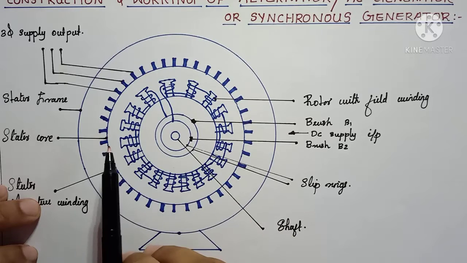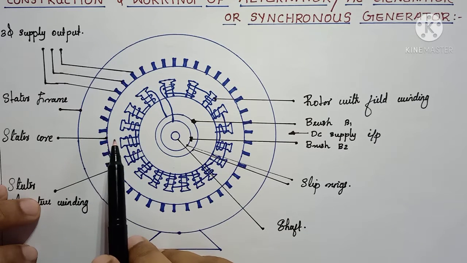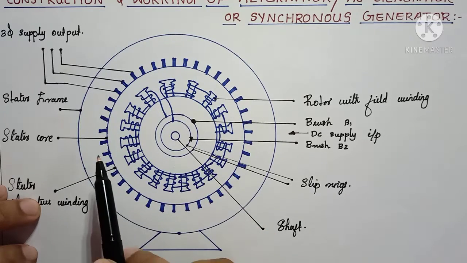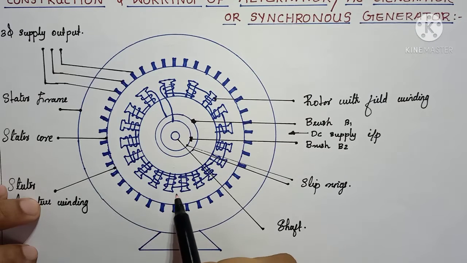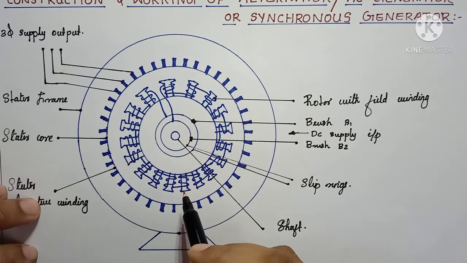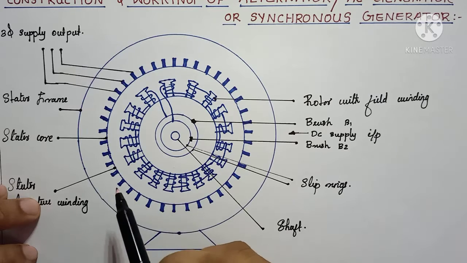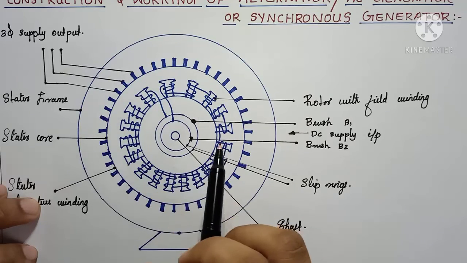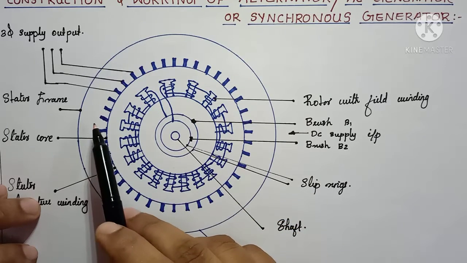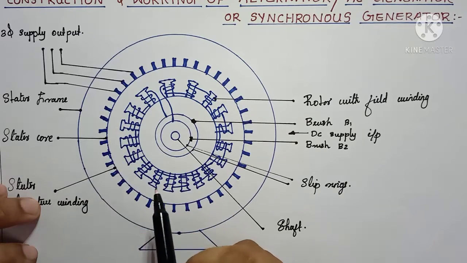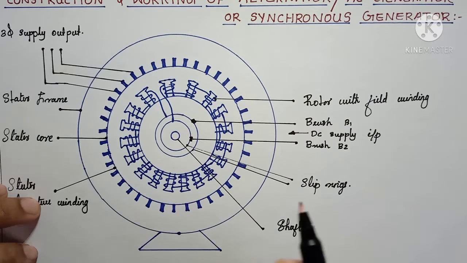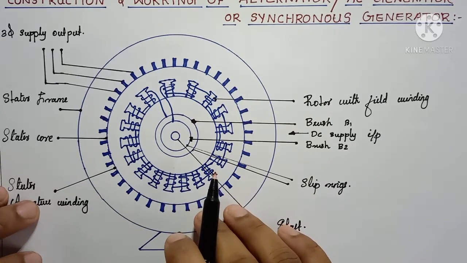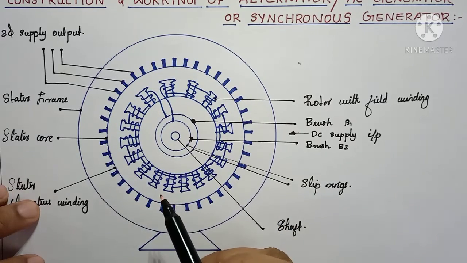The next part is the stator core. The stator core is made of magnetic iron or steel alloys, which are laminated and insulated from each other in order to reduce eddy current losses.